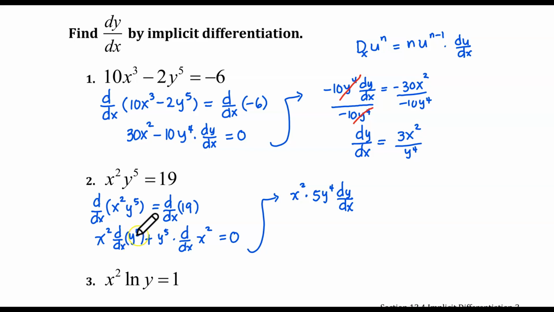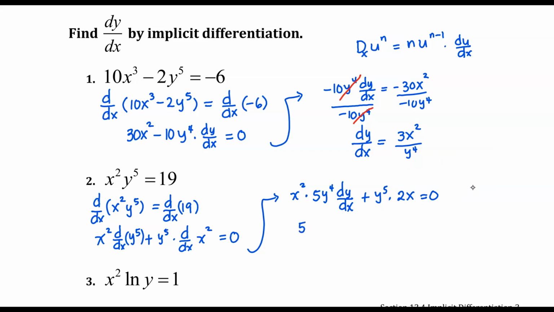The derivative of y to the fifth is equal to 5 y to the fourth, so 5 minus 1 is 4, times the derivative of this variable with respect to x, plus, and then you copy this, y to the fifth, times the derivative of x squared, which is just 2x, equal to 0. And then you solve for dy/dx. You transpose this term here to the other side of the equation.